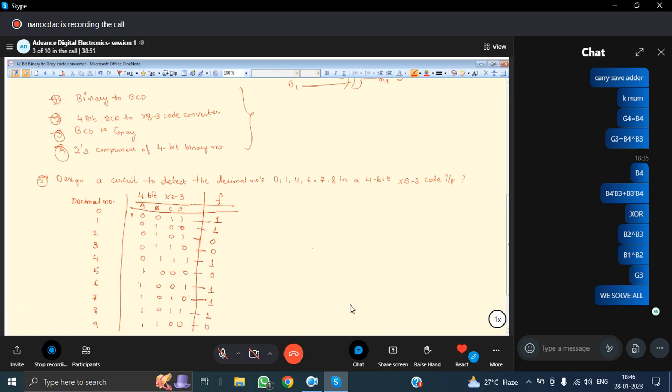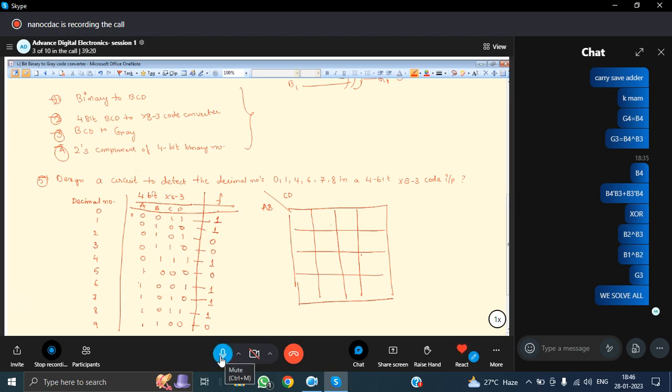Okay, this function you need to use K-map to plot. In the K-map you will be having AB and CD, ABCD. So according to this, what you have to do?